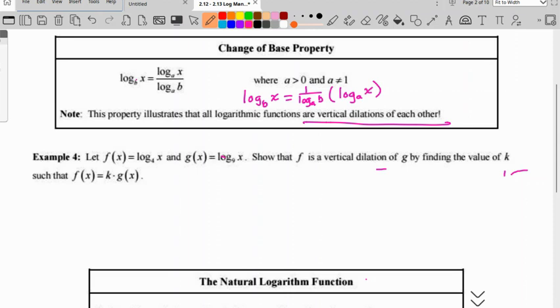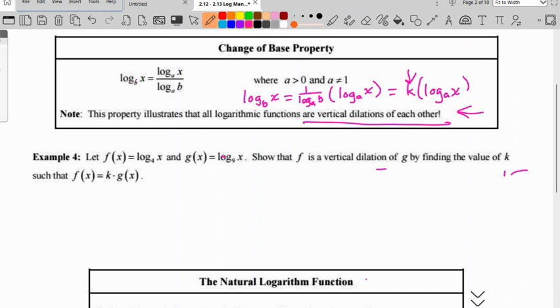Now remember that logs are just constants, so this is just a constant times log base a of x. So log base b of x is just a vertical dilation of another log. So can you see that? Yes, no, maybe so. I just thought it was interesting because they said it there without showing the algebraic proof, so I thought we'd go ahead and show where it actually does.